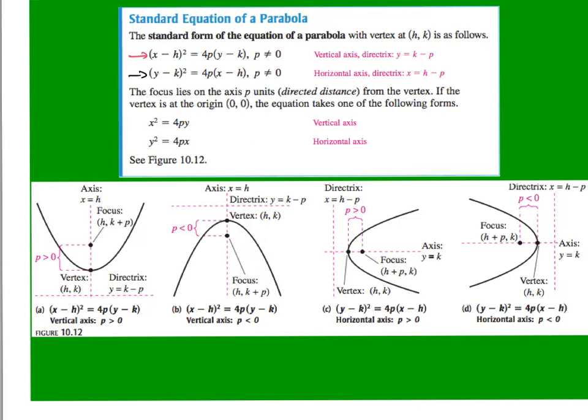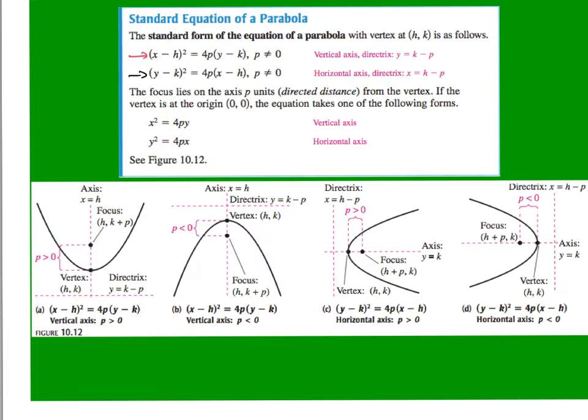So to go to these pictures real quick. If you have an x squared, it moves up or it moves down, true? But if you know what your P does, your P is your distance between your what? Your vertex. No, don't say focus and vertex. Say vertex to focus, because that's different. You're going to go backwards if you go the other way. So if from your vertex to your focus, your P is positive, it goes up.